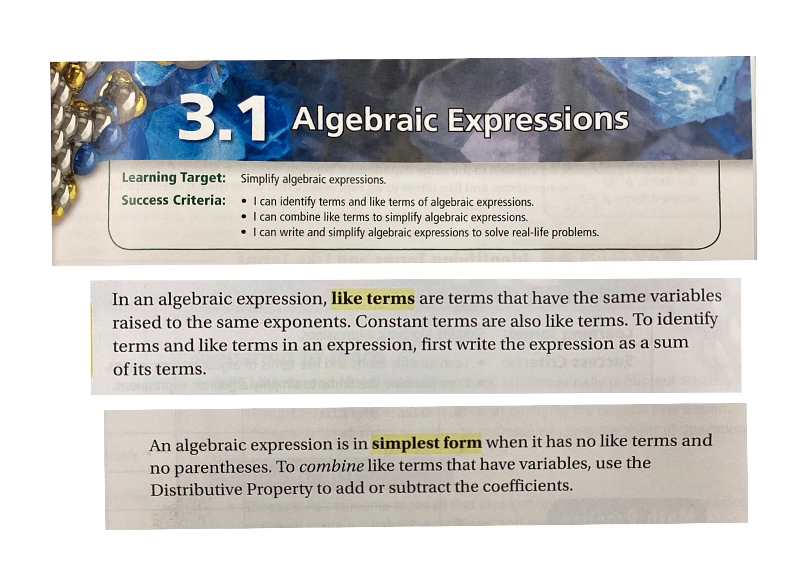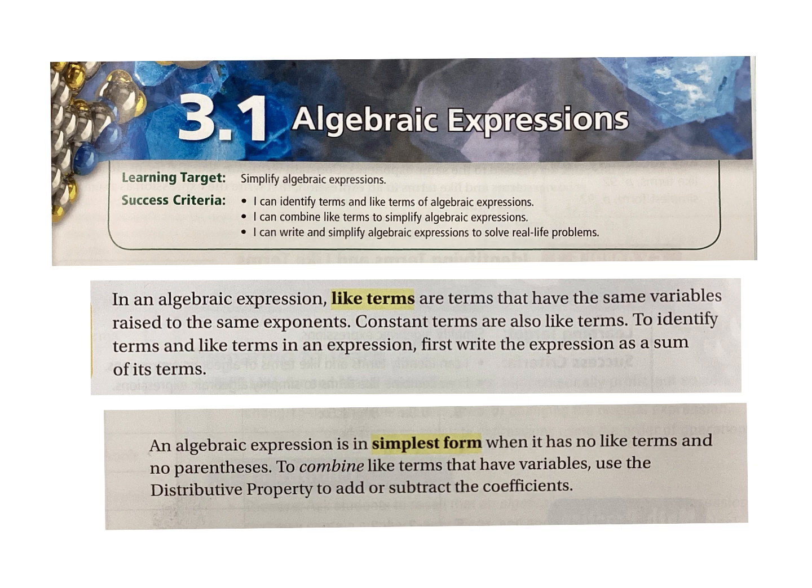3.1 is algebraic expressions, and I want to go over a couple of vocabulary words, and we'll talk more about these in this whole chapter, and also we talked about them in class today. So in an algebraic expression, you have like terms, that are terms that have the same variable raised to the same exponents.